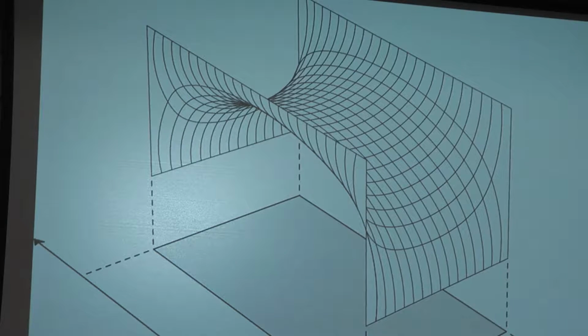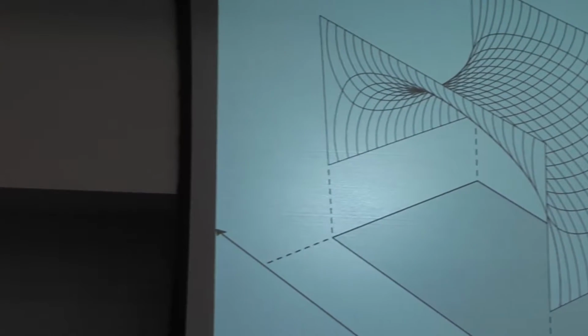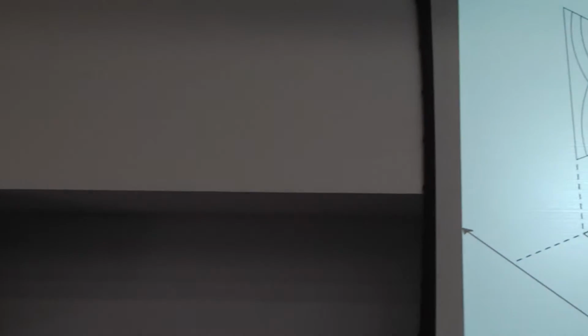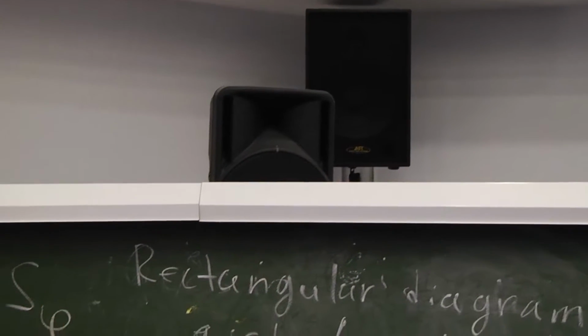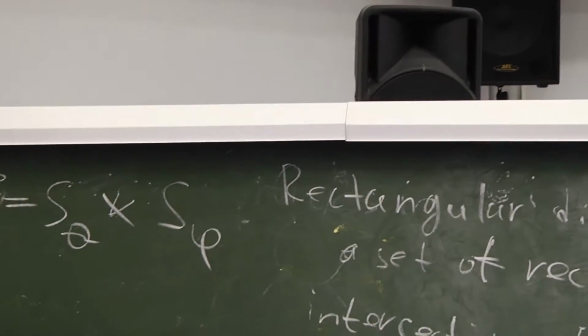Consider S3 as a join of two circles, S theta and S phi. The coordinates on these circles.